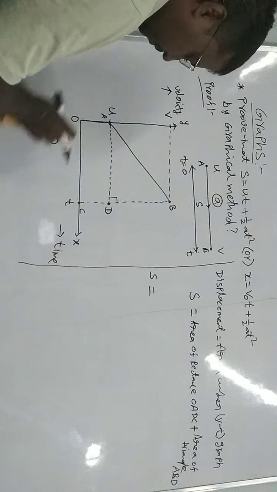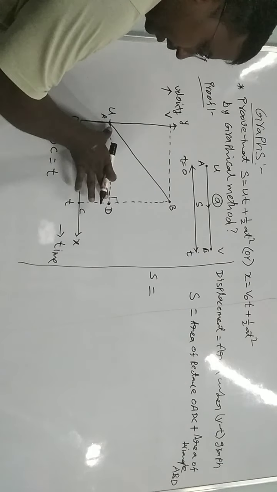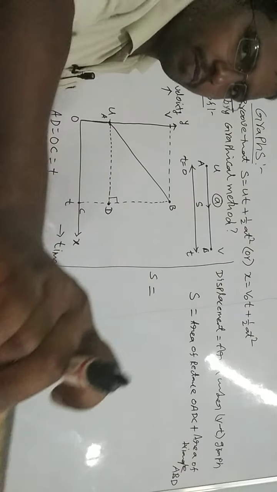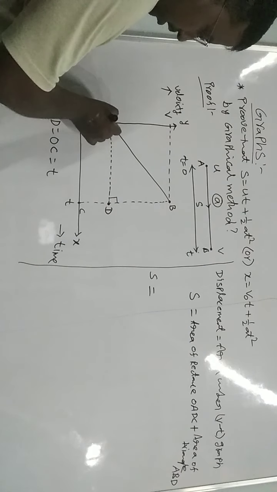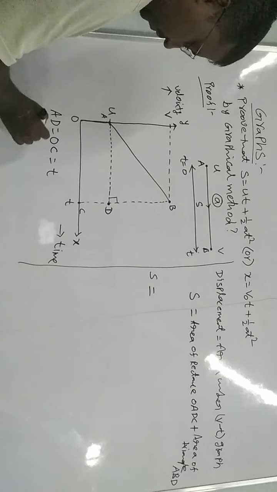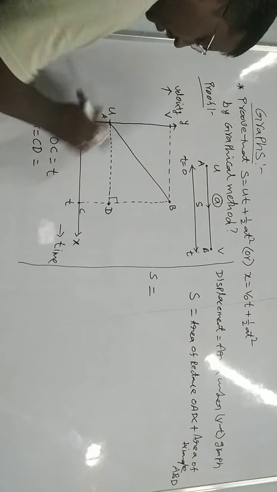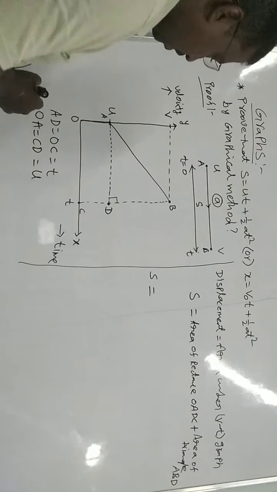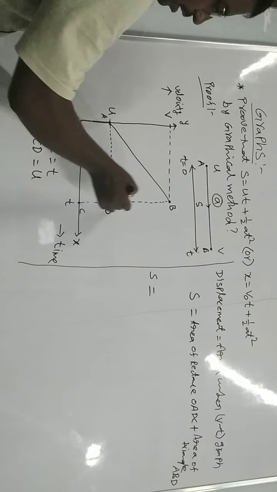OC equals T, the total time represented in the given situation. Now, OA, the breadth, represents the initial velocity U.